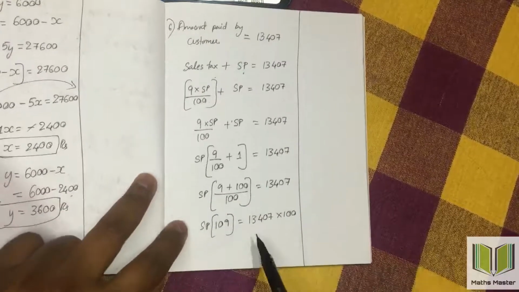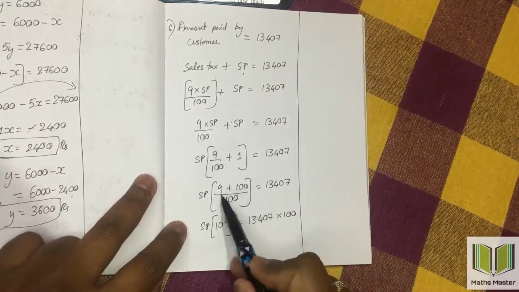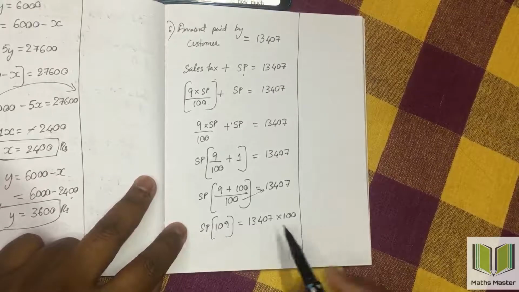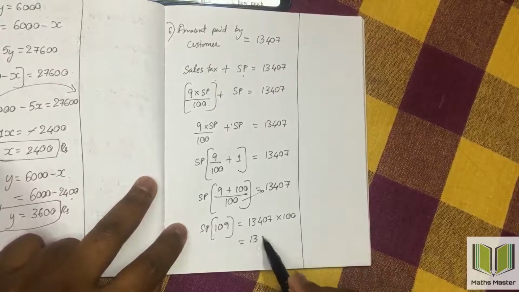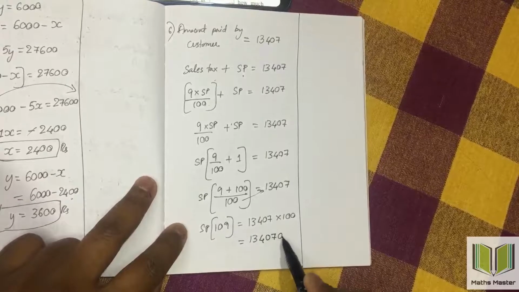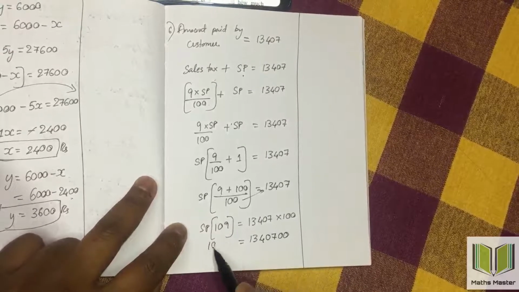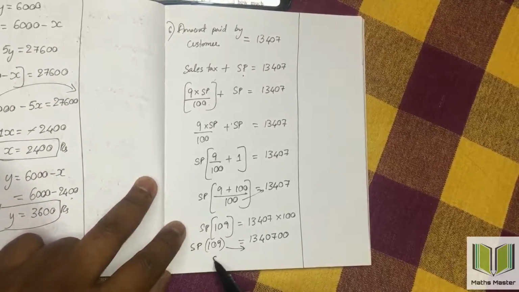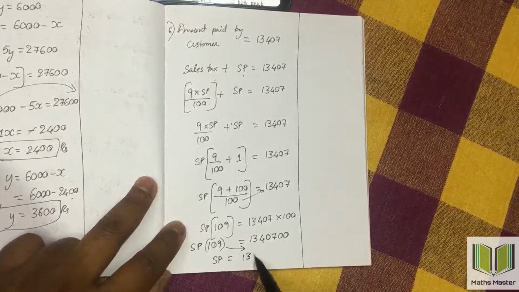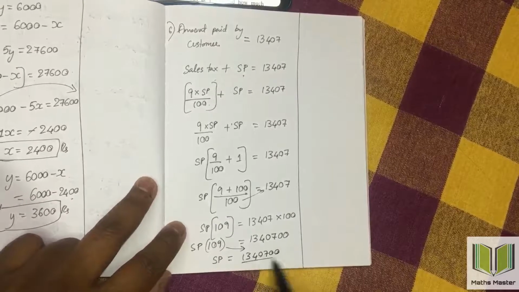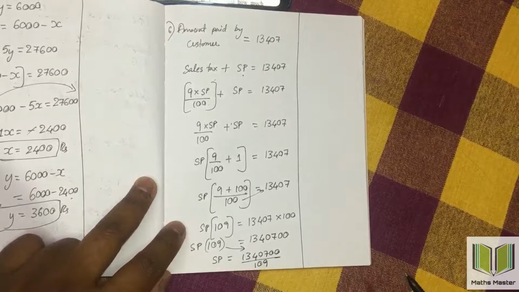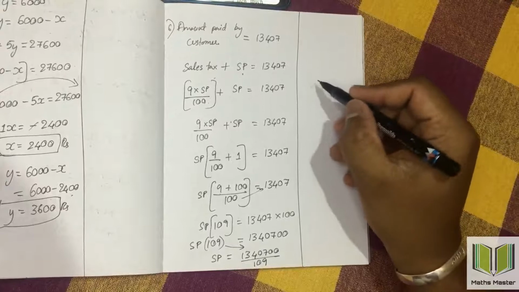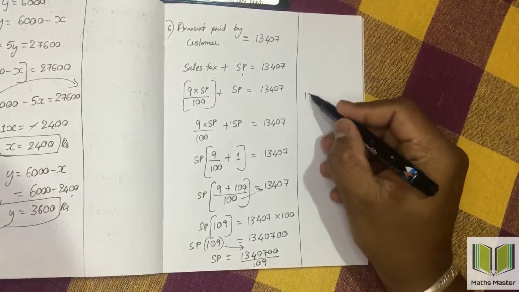The 100 taken to the other side makes it 13,407 into 100, which will be equal to 1340700. So 109 into SP equals 1340700. In the next step, 109 goes below: SP is equal to 1340700 divided by 109. The number looks complicated, but it will be divisible in this case.